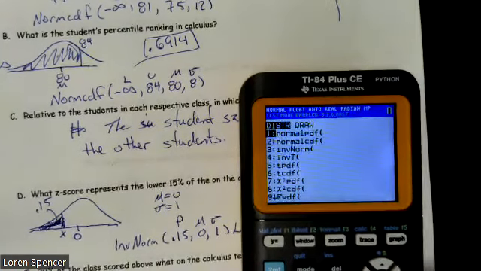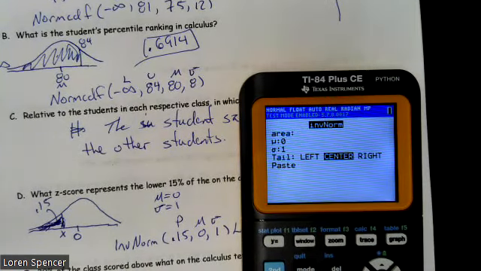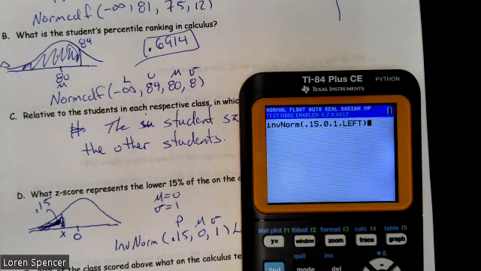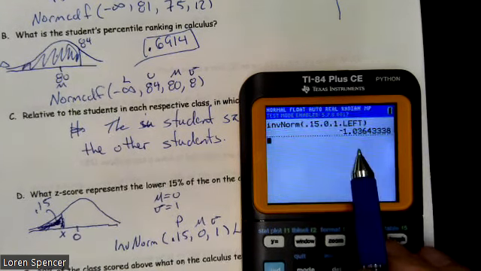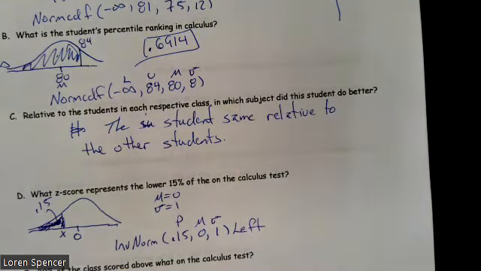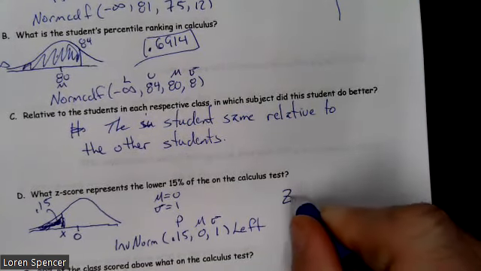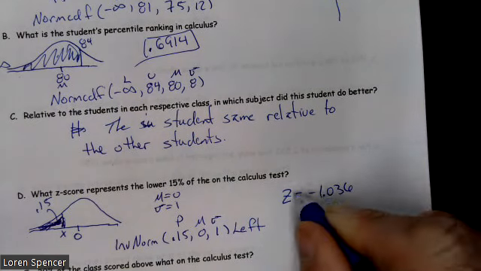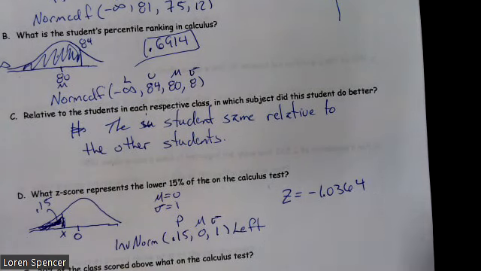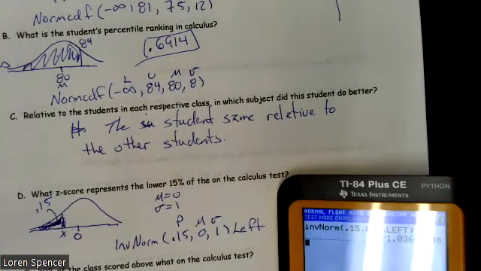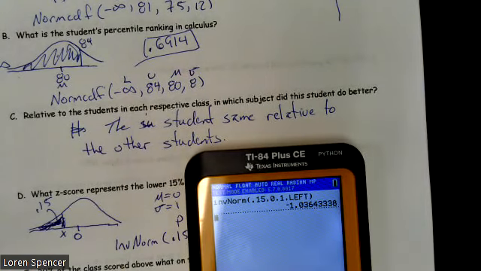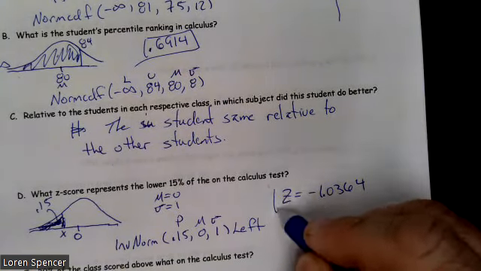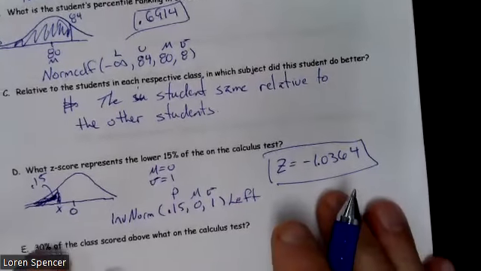And go second vars, inverse norm, area 0.15, mean is 0, standard deviation of 1. Make sure it's highlighted for the left. And you end up with a z-score of negative 1.03. So z equals negative 1.0364. All right, negative 1.0364. And we'll box that in, and I'll take care of that one.